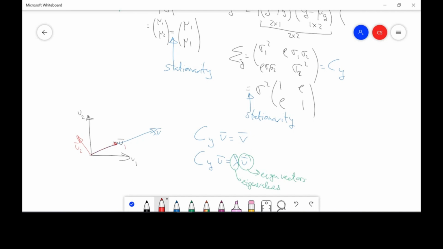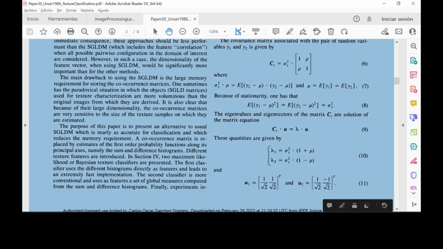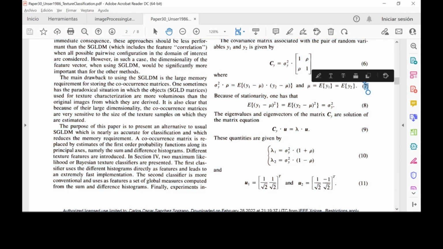So let's look for the eigenvectors of our correlation matrix. Because the correlation matrix has a particular structure, you can compute the eigenvectors and the eigenvalues of that matrix. These are the eigenvectors, and these are the eigenvalues.